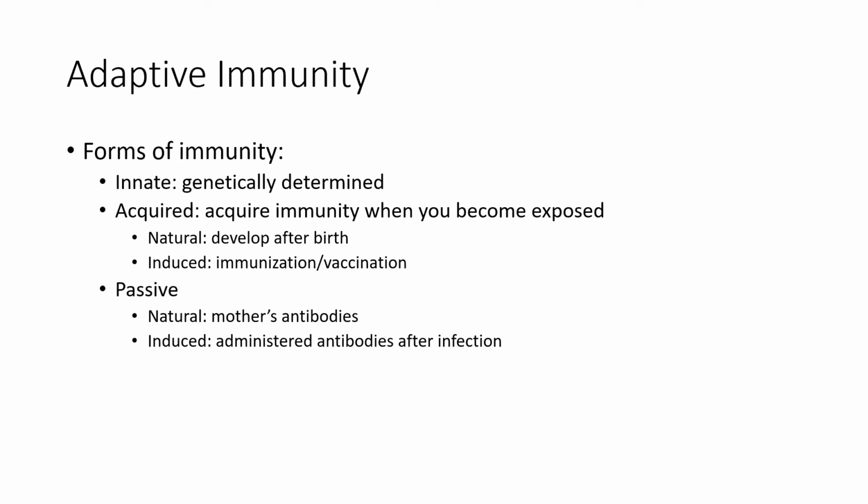Rabies is going to be a virus that if you are bit or somehow infected by an animal that has rabies, you are going to be administered antibodies after the fact. So as opposed to induced acquired immunity, induced passive immunity is going to be after, induced acquired is before.